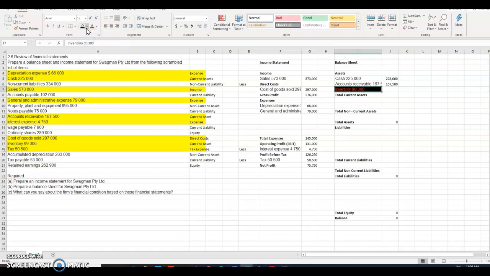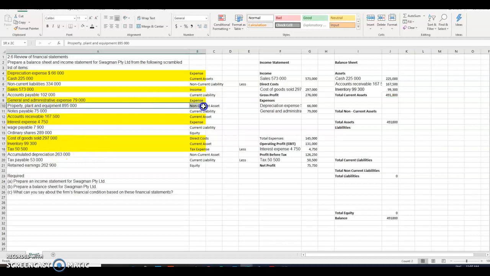So I've just played around with the colors too much there, trying to get rid of the red text. And so then we can do our current assets by combining all the three of these here. And I've got a couple of formulas which I'll show you how they work and how they flow through, and that's how we're going to check that our balance sheet actually balances.